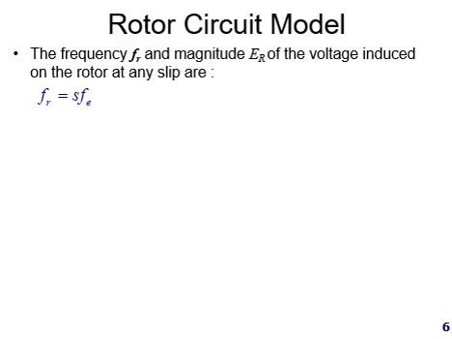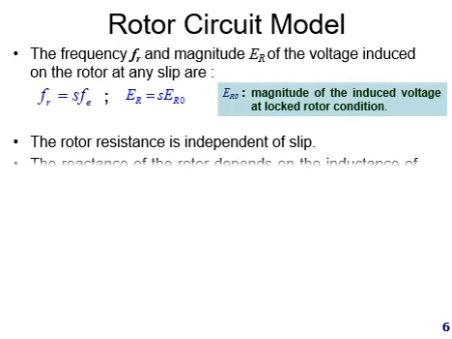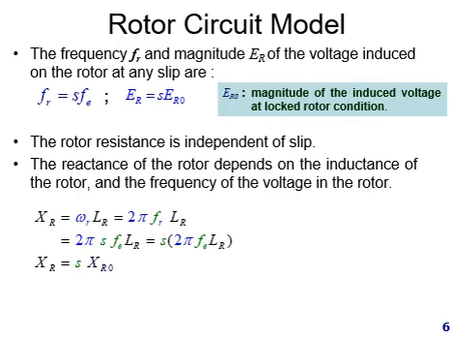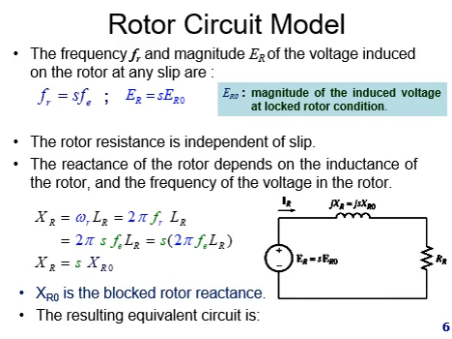The frequency and magnitude of voltage induced on the rotor at any slip can be defined by f_R = s f_E, or E_R = s E_R0. This E_R0 means the rotor is at the stationary stage, or the magnitude of the induced voltage at locked rotor condition.